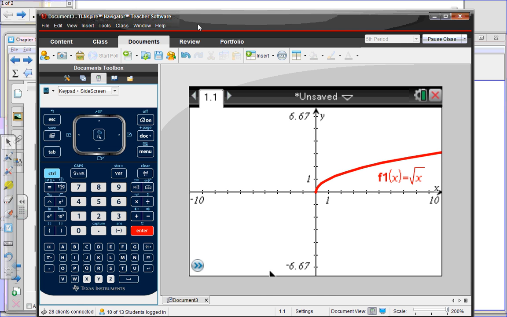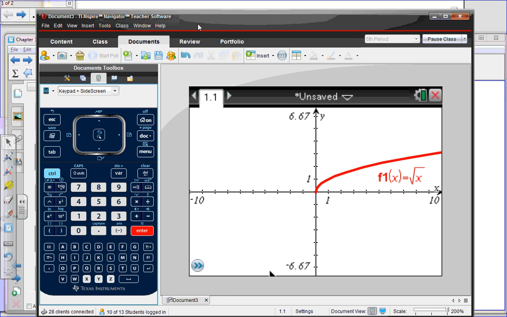So if I have a graph that has anything like an x squared in it, what's the parent function? X squared. If I have a graph that has x cubed in it, what's the parent function? X cubed. If I have 3x plus 2, what's the parent function?